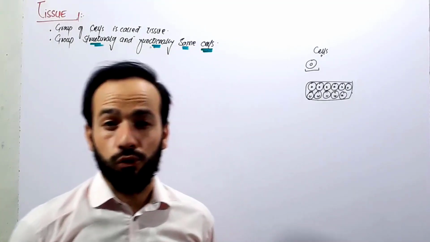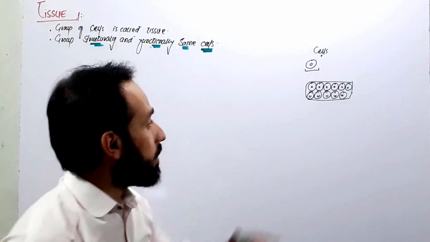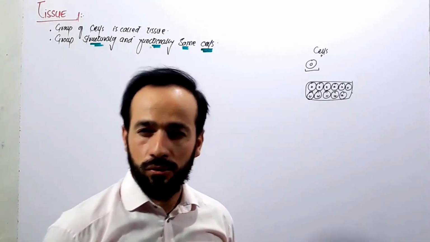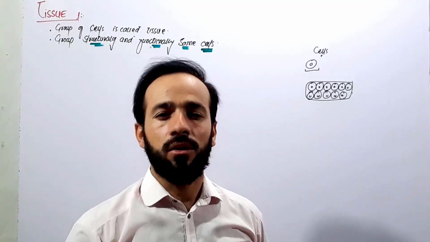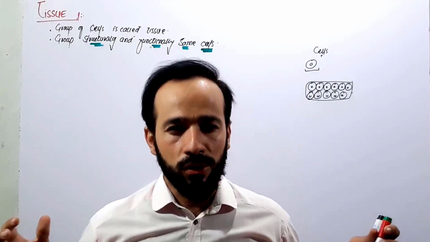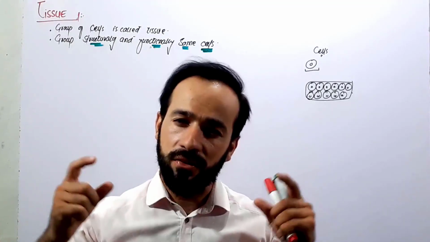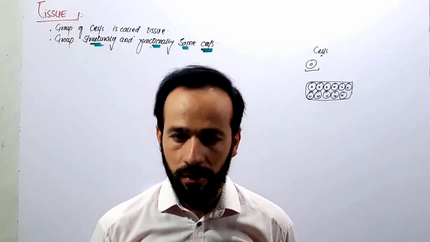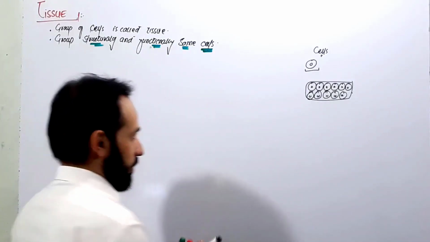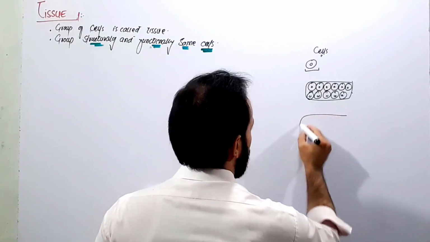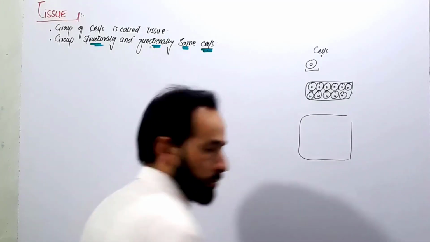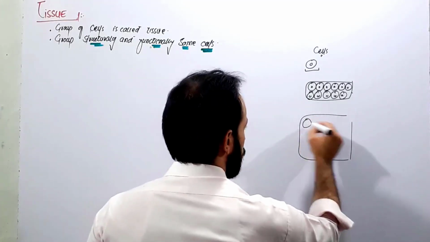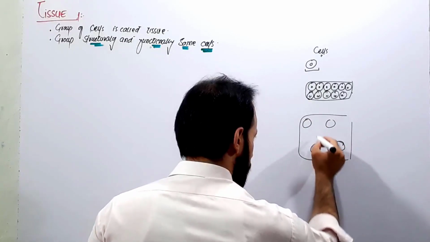But we should remember that not all the tissues of our body have cells in which all of the cells have the same function, right? Let me introduce another term here. You know that, for example, my dear friends, this is a tissue, right? And in this tissue there are cells, right?